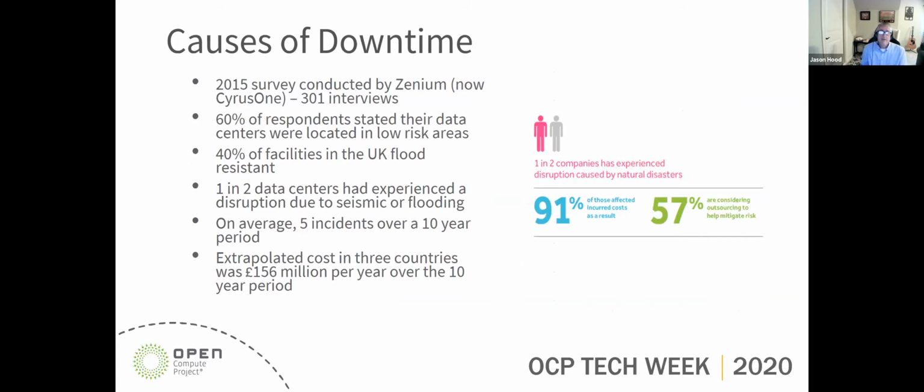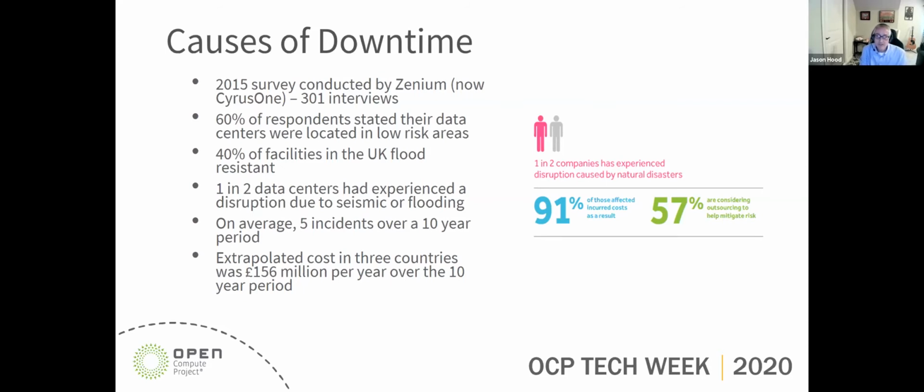If you look at this survey from Xenium, this was 2015. When you talk about weather related events, in this survey, 60% of the respondents said that their data centers were in low risk areas. And even 40% said that they were flood resistant.